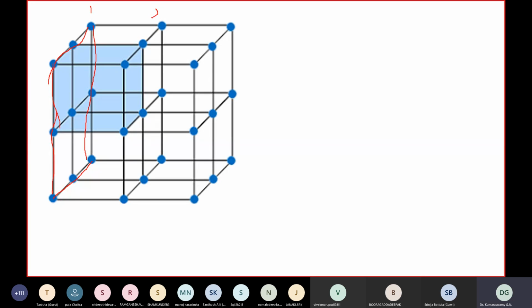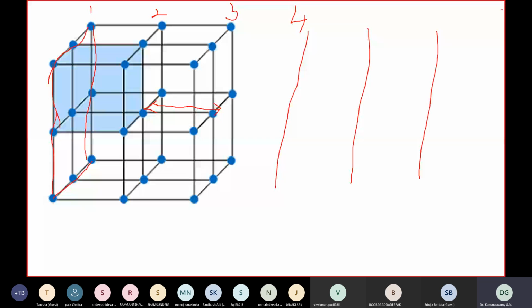Then this is plane number two, the parallel plane number three, then plane number four. Go on stacking these planes, just maintaining the distance between them. This is the distance between the planes. Maintain this distance and go on stacking the parallel planes. You will get the crystal structure like this. So this is one way of constructing this crystal structure.